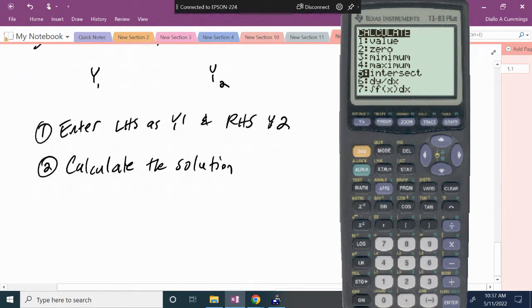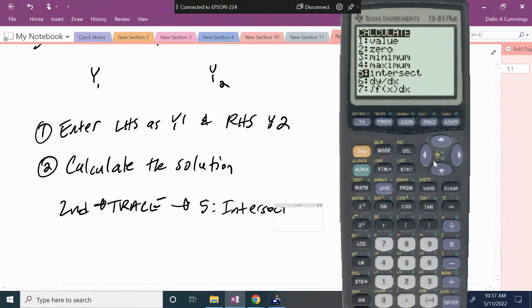So we went to second and trace, and I'm going to scroll down to number 5 on my particular calculator, which is intersect, and I'm going to hit enter.